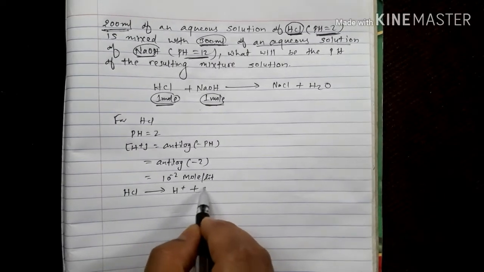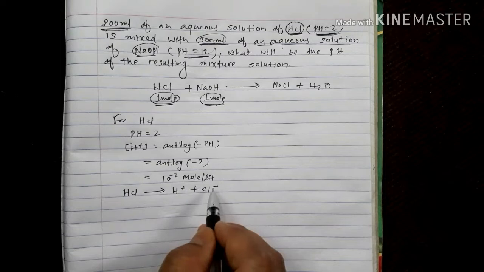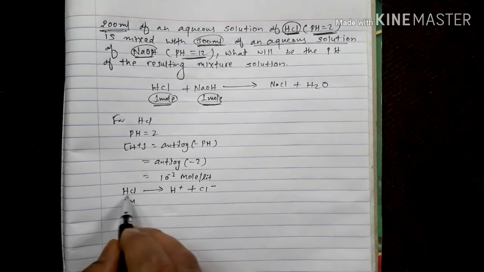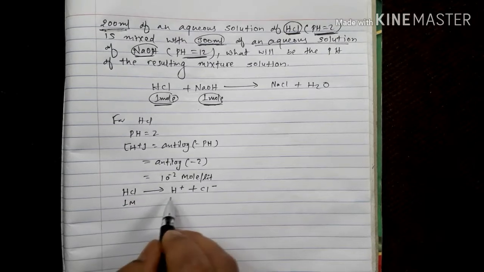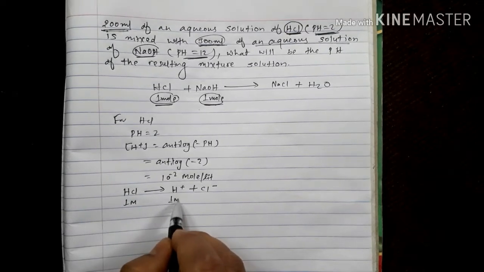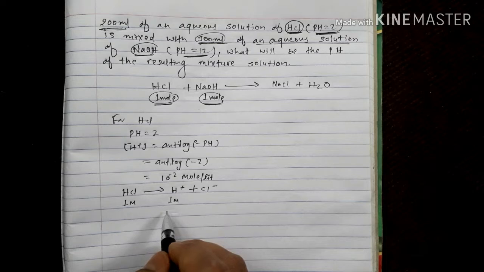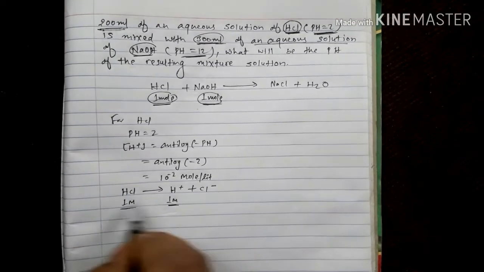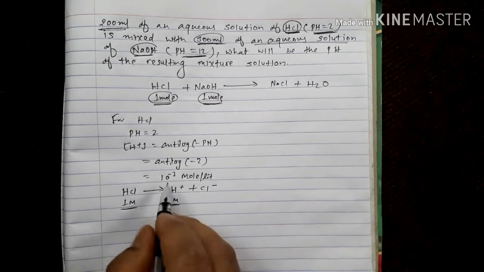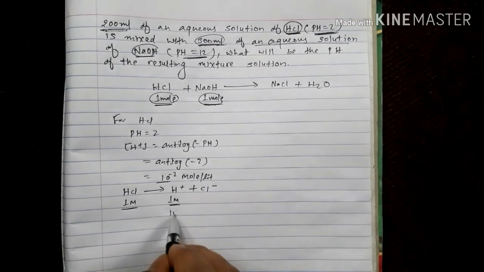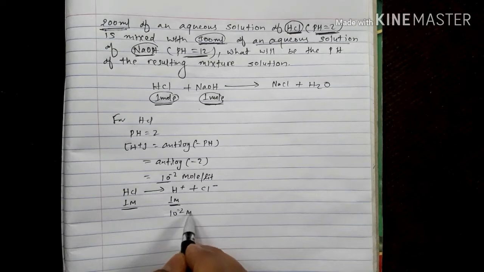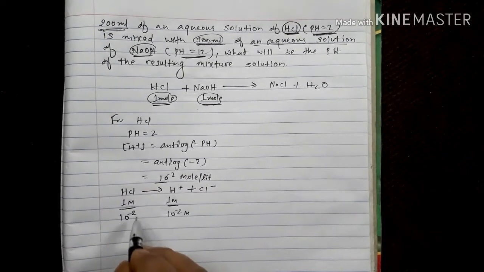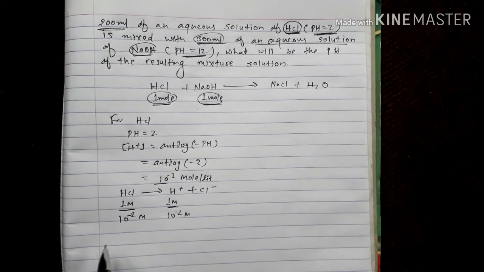It ionizes completely to H plus and Cl minus in water. 1 mole of HCl in 1 liter ionizes to 1 mole of H plus. That is, the concentration of H plus and the concentration of HCl are the same. Since the concentration of H plus is 10 to minus 2 moles per liter, the concentration of HCl should be 10 to minus 2 moles per liter.